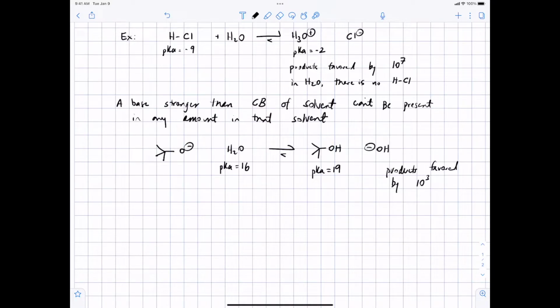So in water, if you use tert-butoxide, you're mostly going to have hydroxide, which again is fine, and this is actually why you don't use water as a solvent for tert-butoxide. It's kind of a waste of money. You can buy NaOH, I think, more cheaply than you can buy tert-butoxide.